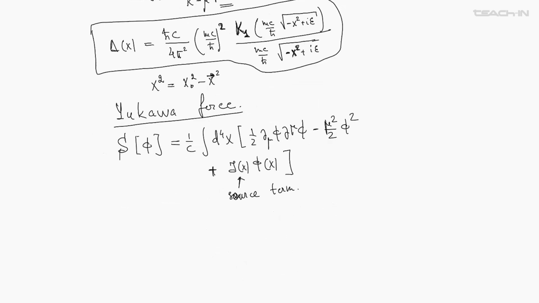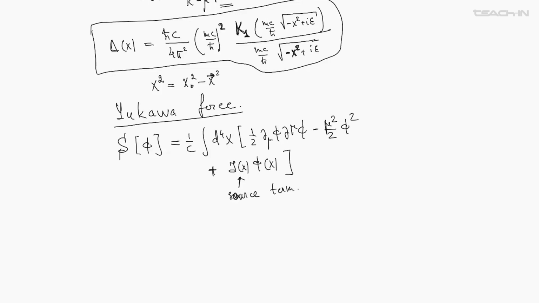The source here is supposed to be in a way external, like someone comes to you and represents an extra disturbance, which is described by this function j(x).